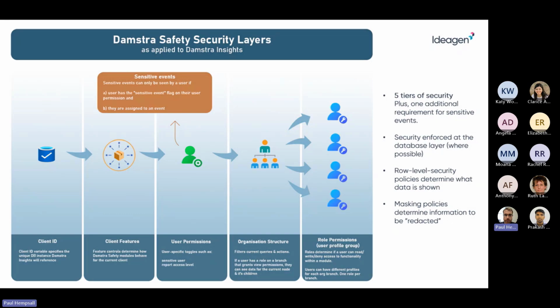There are 5 tiers of security for Damstra Insights safety and integration, plus one additional requirement that covers sensitive events. The first thing to look at is that first column, which is about client ID. The first layer is about restricting the tenant, so their access to what data the Insights product is able to look at.